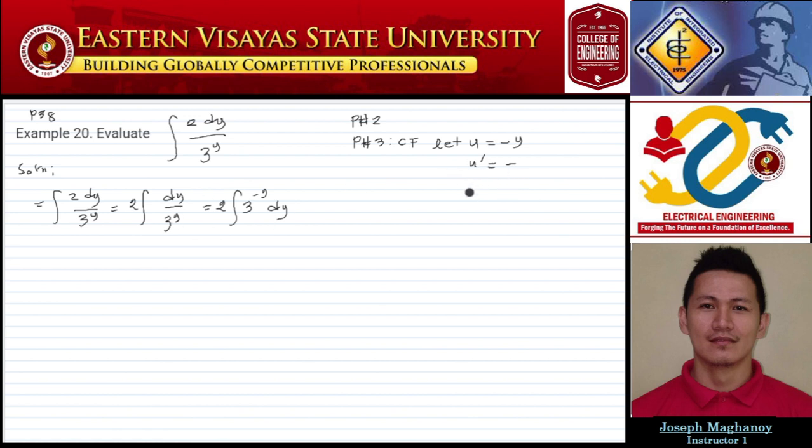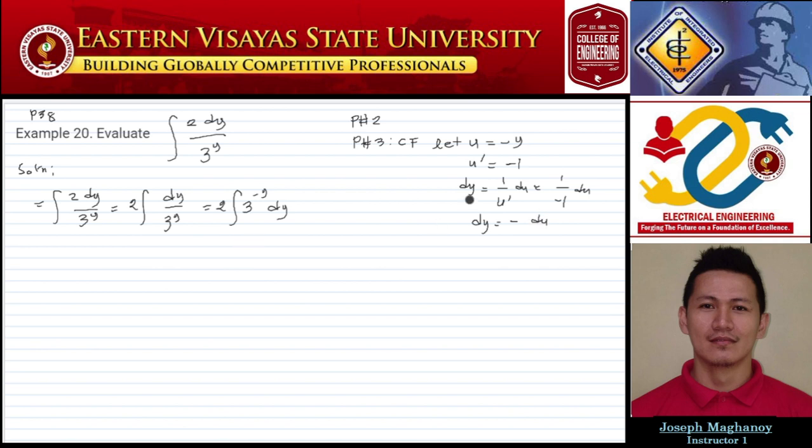So your dy is equal to the reciprocal of your first derivative times du, so 1 over negative 1 du. So dy is equal to negative du.